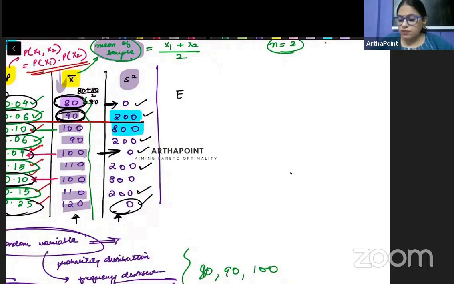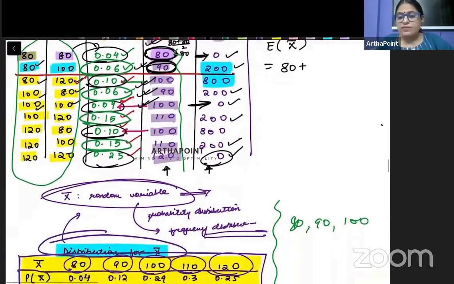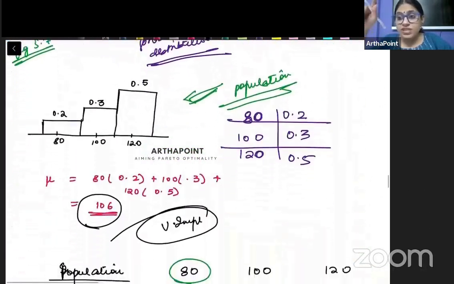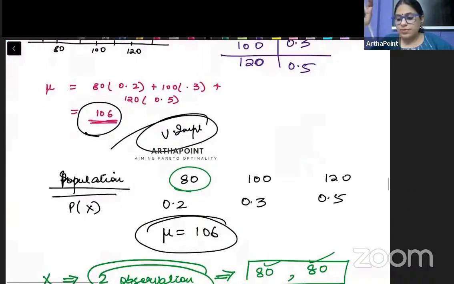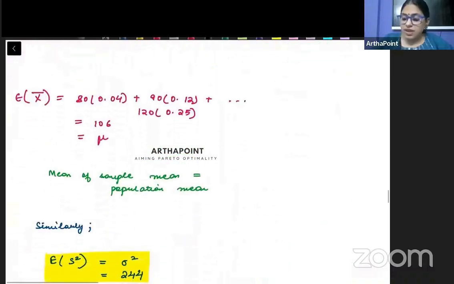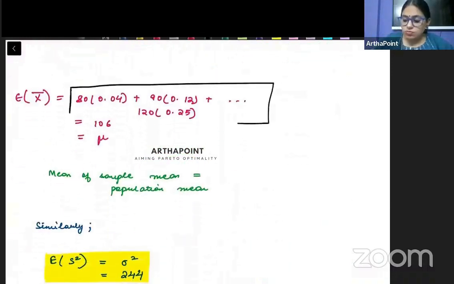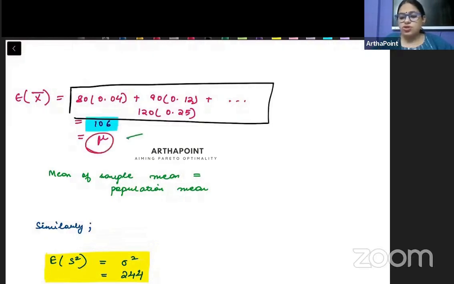Mean of mean, what will be the expected value of mean? So if I go ahead and I find the mean of these means, अगर मैं उनका मीन निकालूं, I will get it at exactly 106, which is the mean of the population.